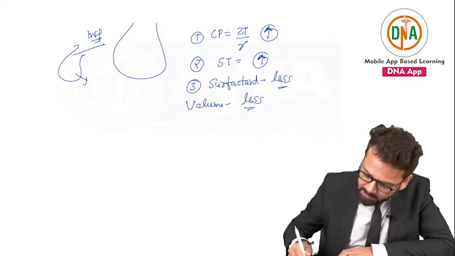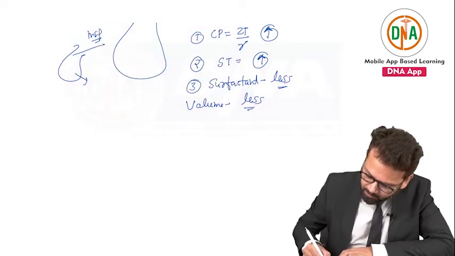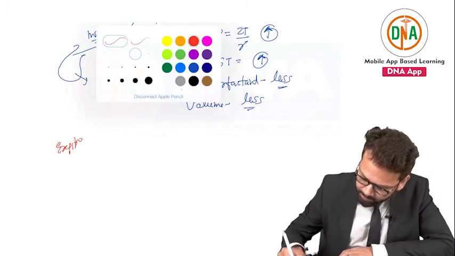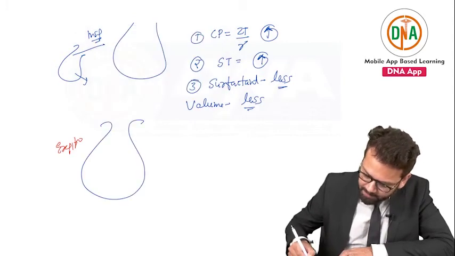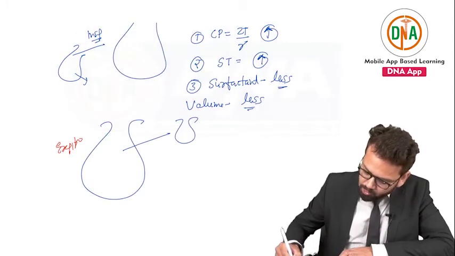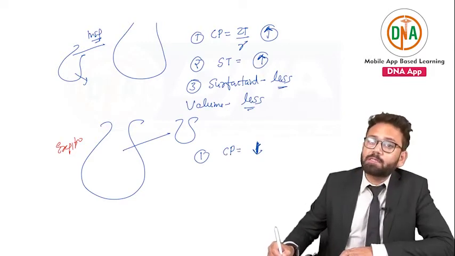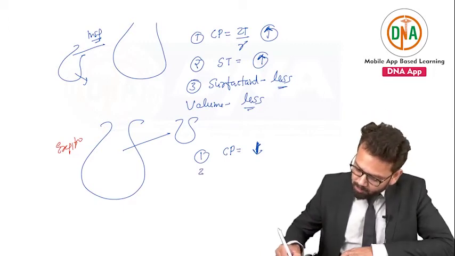Now what happened during expiration? Alveoli are initially bigger, and they have to become smaller. So will the collapsing pressure of bigger alveoli be less or more? Less, because the radius is more in comparison to small alveoli.